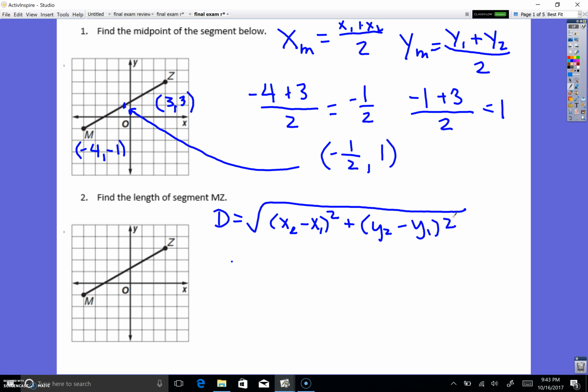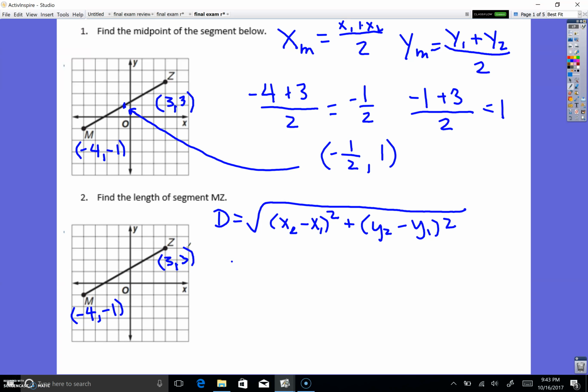Okay, so you have to know the distance formula, and then all you have to do is find your points. It's the same points that are up there.